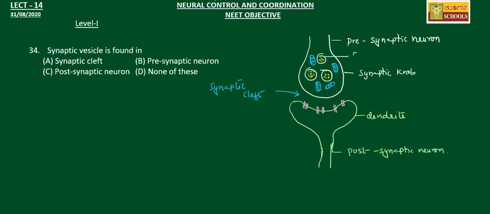So this is a synaptic vesicle, and it encloses neurotransmitters. So the question, synaptic vesicle is found in, you can see the synaptic vesicle is present in the presynaptic neuron. So the answer in this case, that is B option, presynaptic neuron, is the right answer.